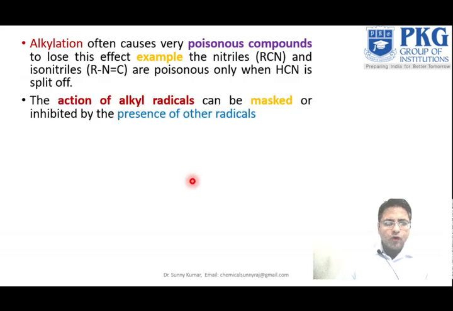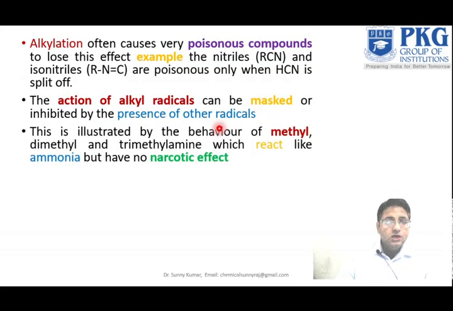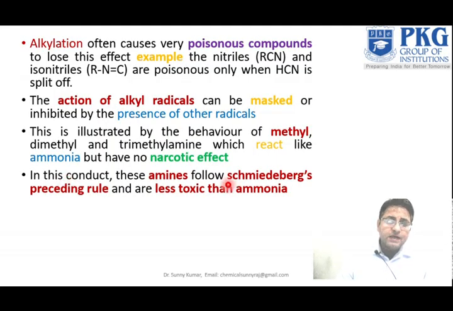The action of alkyl radicals can be masked or inhibited by the presence of other radicals. This is illustrated by the behavior of methyl, dimethyl, and trimethyl amine, which react like ammonia but have no narcotic effects. In this conduct, these amines follow Schimberg's preceding rules, and are less toxic than ammonia.